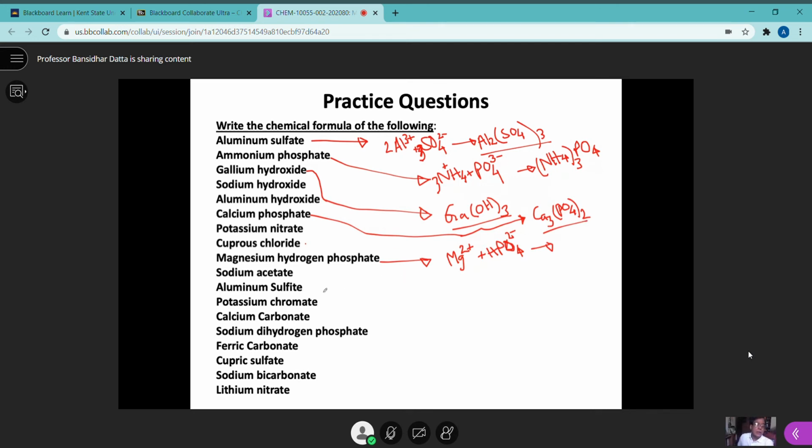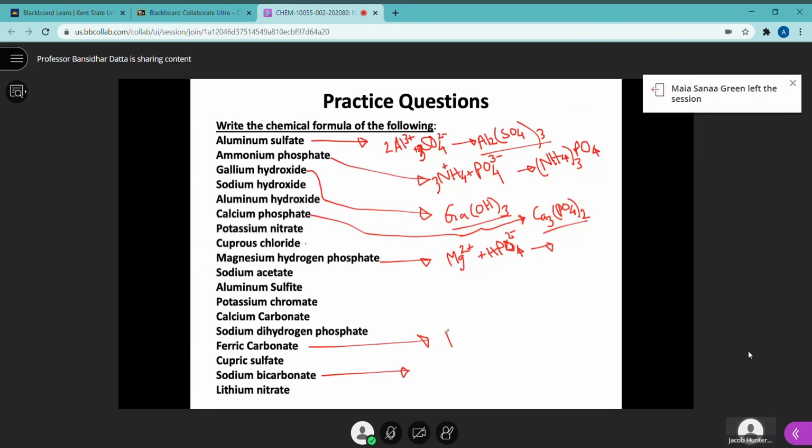Now do this one. All right. Let's see. Ferric carbonate. Can you do the ferric carbonate for me? Ferric carbonate, and sodium bicarbonate. Who can tell me the molecular formula? Fe is 3 plus, right?